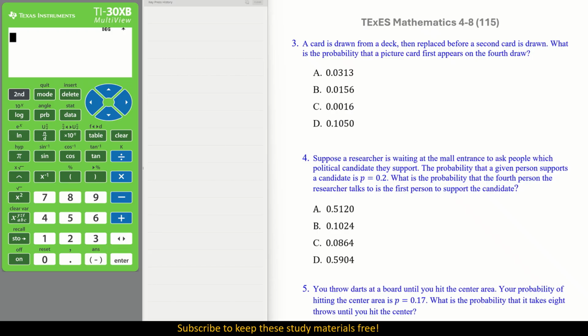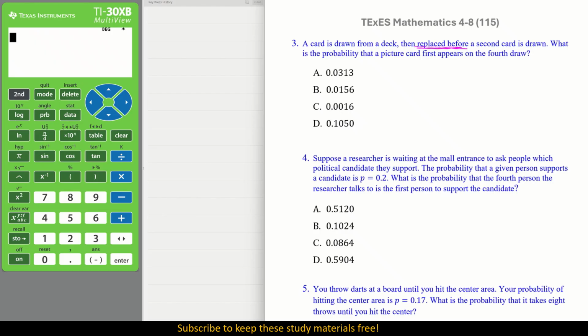Okay, if you haven't noticed the little theme about replacement here, the takeaway is that they're always going to tell you that the card is replaced, or they'll discuss rolling dice or flipping a coin because we don't have to worry about replacement. That's essential for the expression that we've been using to actually be applicable.